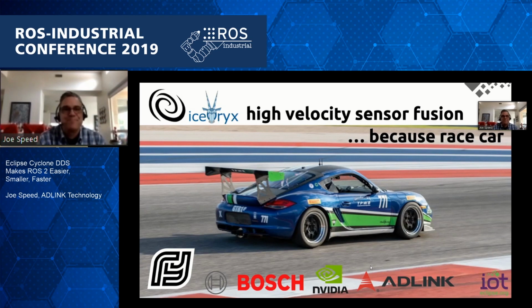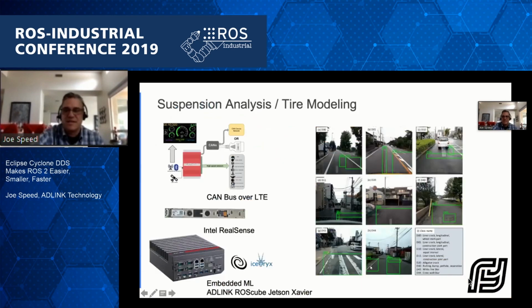With Iceoryx and Cyclone DDS being integrated together, we'll be able to do even higher volume sensor fusion in the race car. And they're doing some rather interesting things. We can't disclose all of it, but here's a little bit. There's also a telecom provider that's part of this, doing some LTE 5G trackside work.